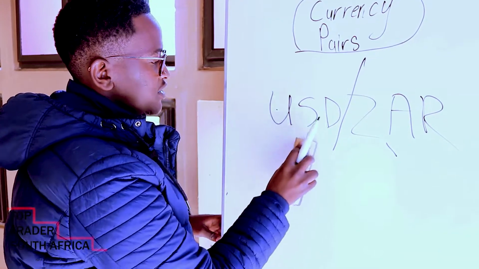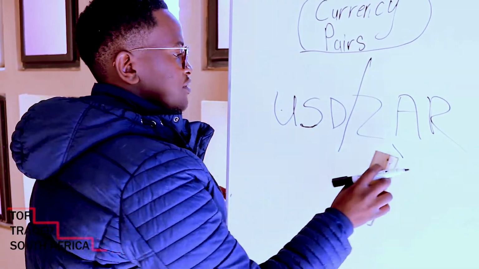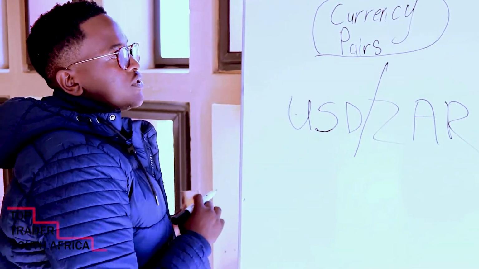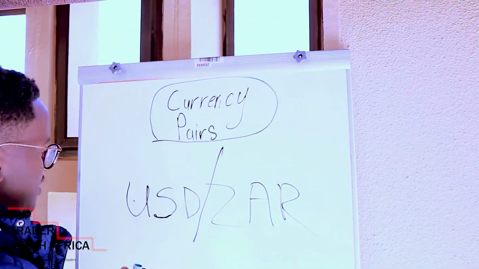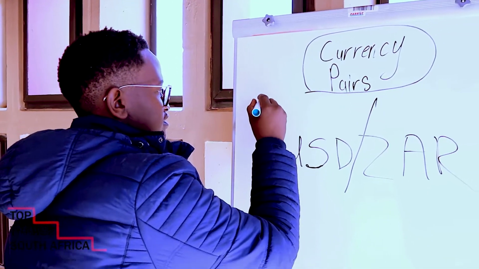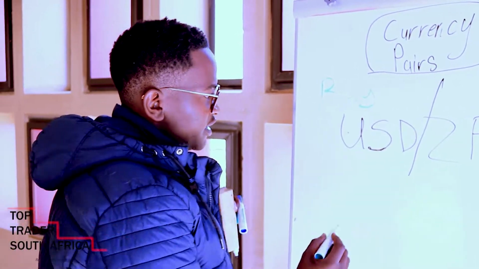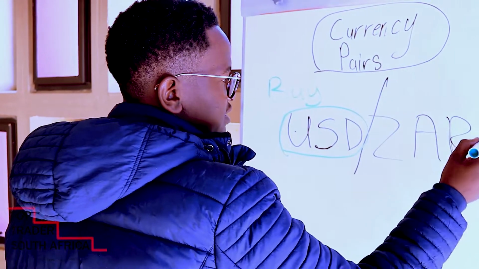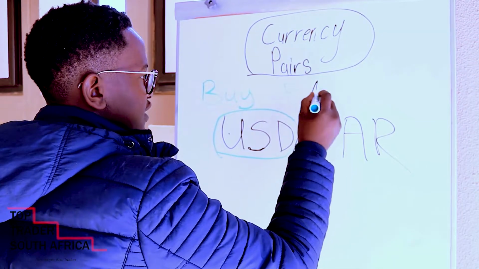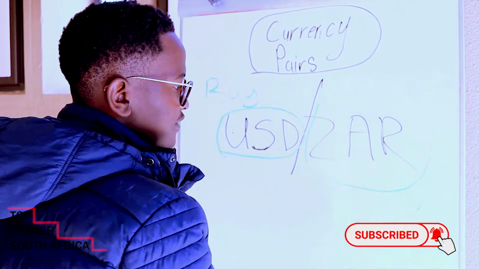So when we're trading, we buy and sell these pairs. Like I said, we don't buy the dollar alone or the rand alone. We do them in pairs. So when transacting a buy trade, what is actually going on is we are buying the dollar and selling the rand.